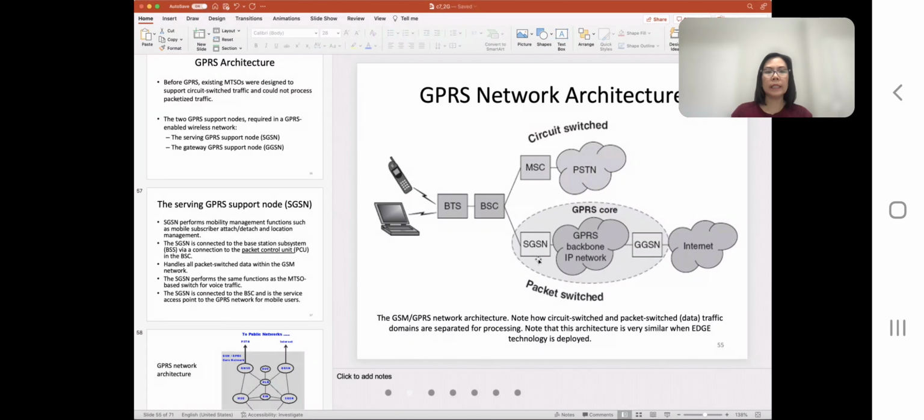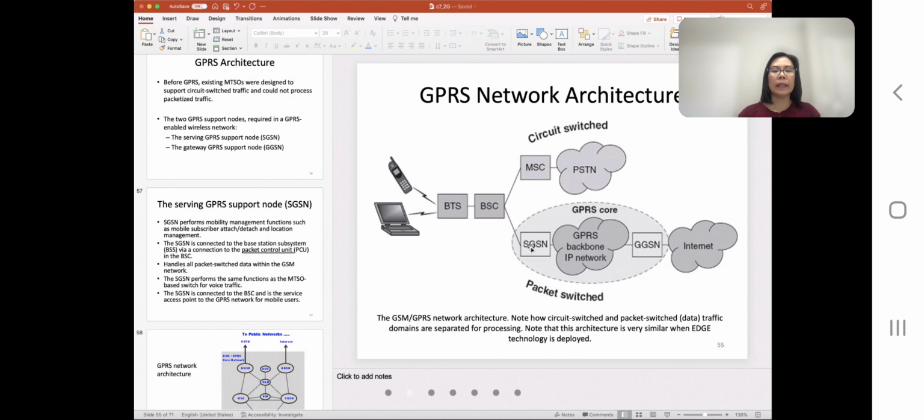Let's talk about the serving support node first, the SGSN. It performs the mobility management functions such as mobile subscriber attach and detach and location management. Basically, it performs similar tasks as the MSC, but for data.